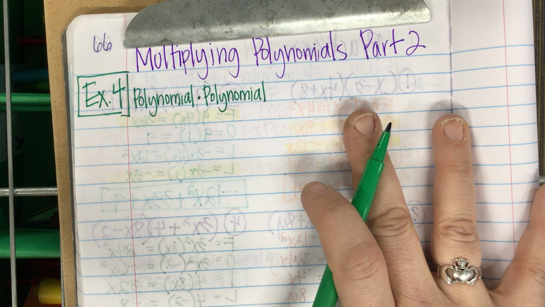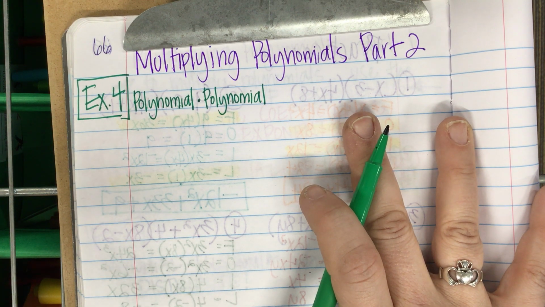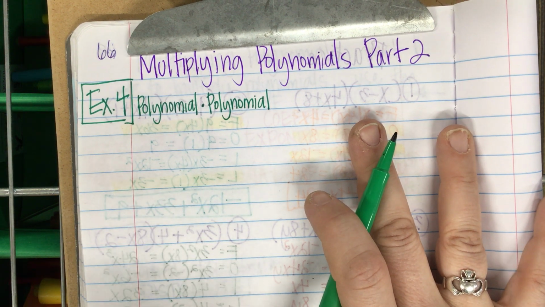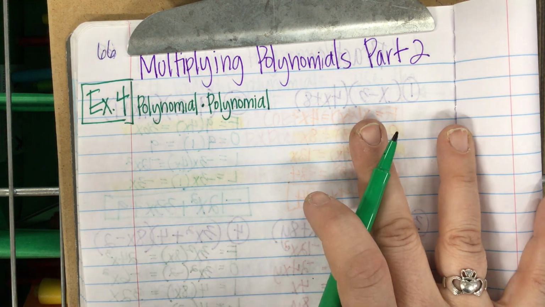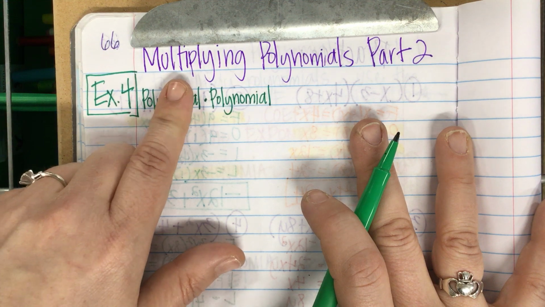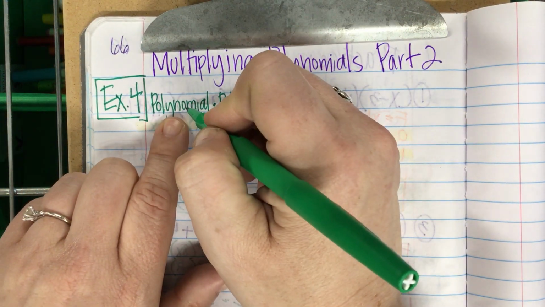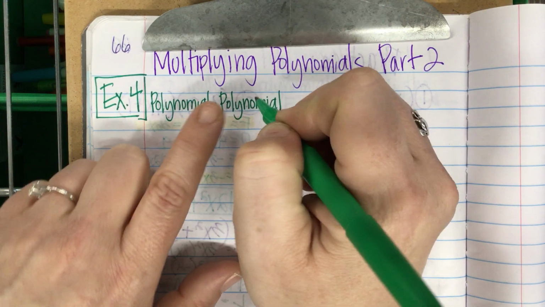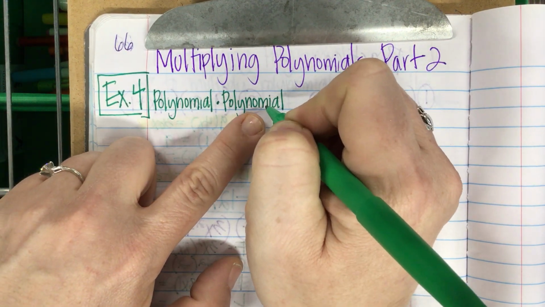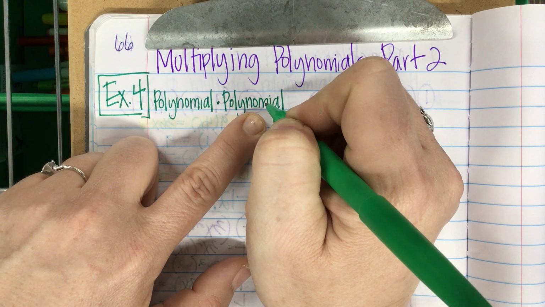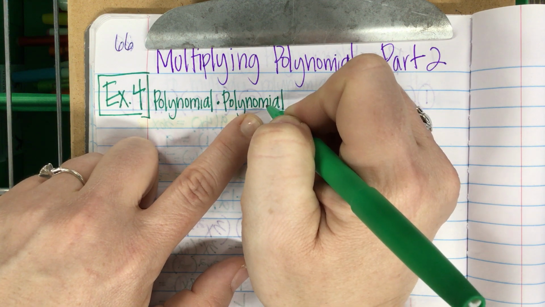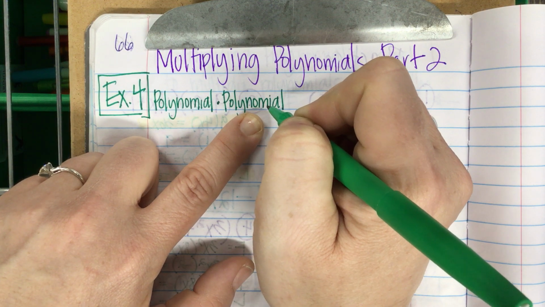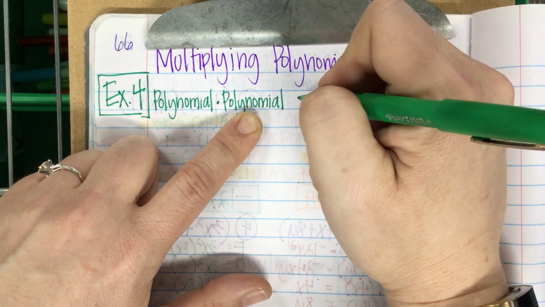It just looks a little different because sometimes you have two terms that you're distributing, sometimes you have three terms, maybe you have five terms, I don't know, right? It's a polynomial. You're just taking every term from this first polynomial and distributing it to every single term in the second polynomial. It's still the distributive property. It just looks a little convoluted.